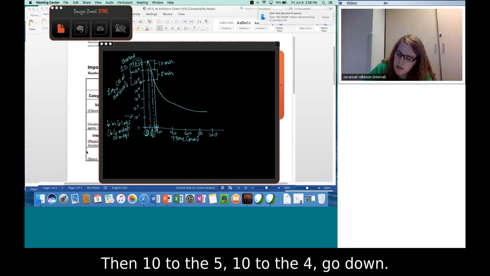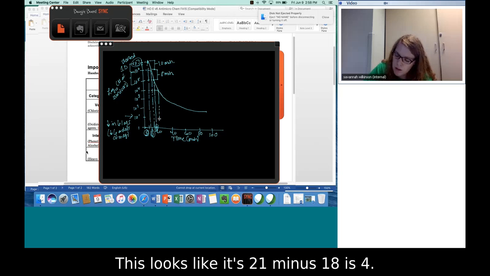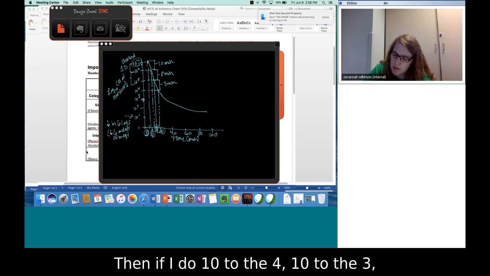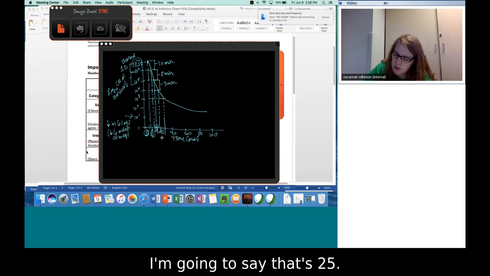Then 10 to 5 to 10 to 4, go down. This looks like it's 21. So 21 minus 18 is 4. Oh, sorry, 3. 21 minus 18 is 3. So that's 3 minutes. Then if I do 10 to the 4 to 10 to the 3, I'm going to say it's 25.